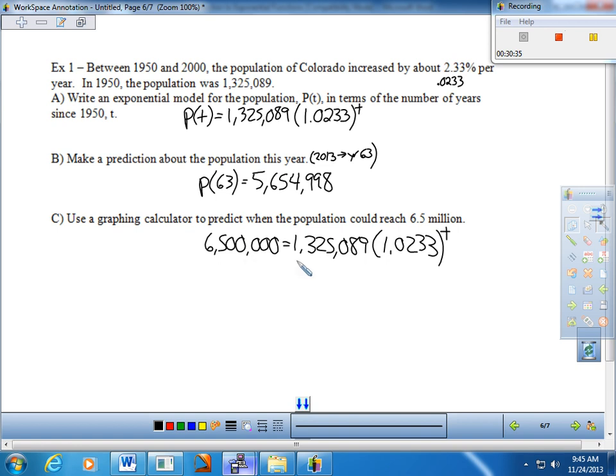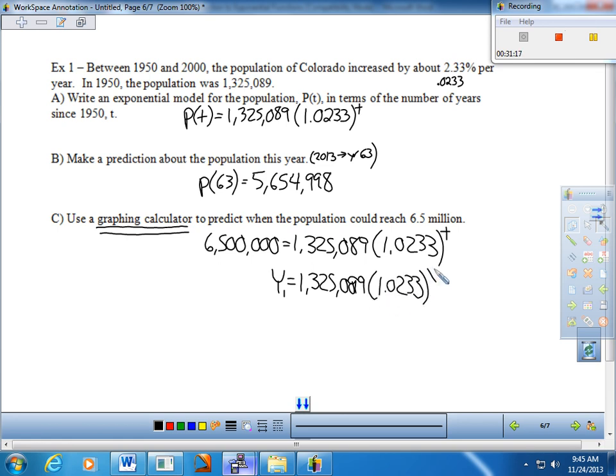So what we're going to do is, as it says, use a graphing calculator. And so here's how we're going to do it. We haven't really worked with this too much, but in this case, I've got a y value essentially, and I need the x. And the way I'm going to do it, everybody, is by taking the original function and putting it into the calculator. So I've got this.